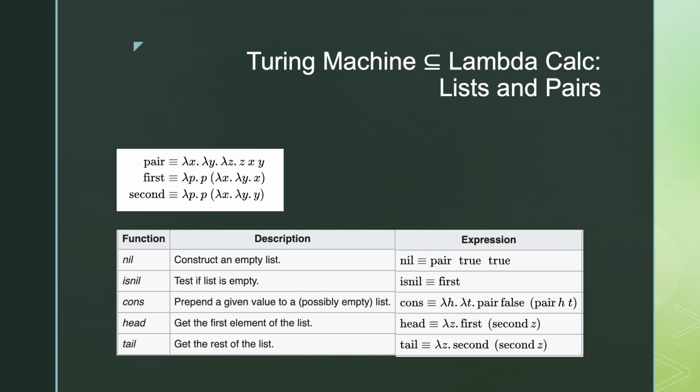So that is very, very important for linked lists. In a linked list, your first element is just going to be the data in that node, and the second element is the pointer to the next node.